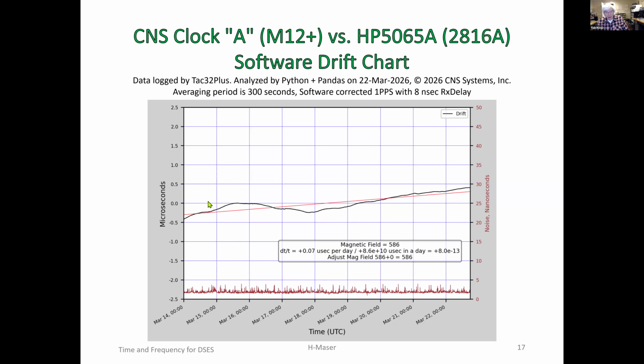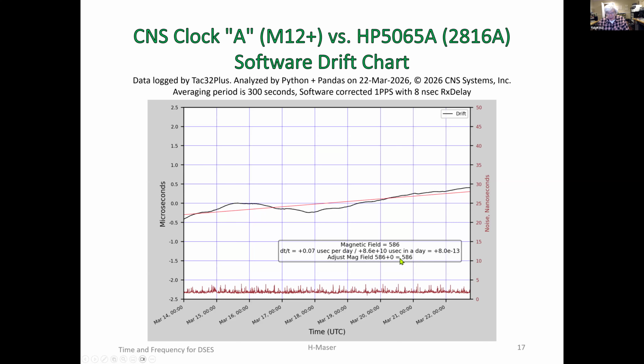So the rubidium is affected by temperature, as we see here. However, those changes are very small, and the average is the red line, the curve fit, and that red line is automatically computed in this box.